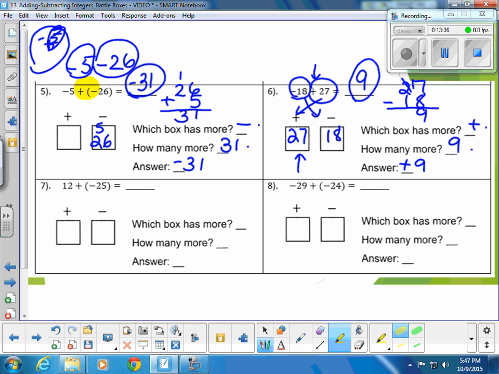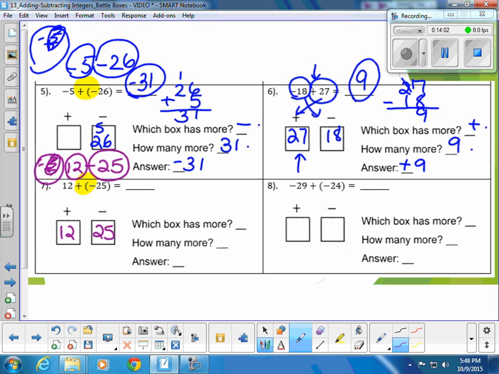All right, welcome back. For number 7, we do have a double sign, so we have to have Bob help us out. We have a positive and a negative, so let's get rid of those. Rewrite it as 12 minus 25. We have a positive 12 and a negative 25. Positive 12 goes in the positive box, negative 25 goes in the negative box.